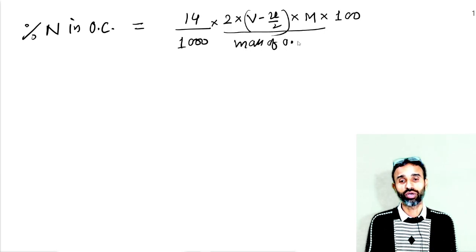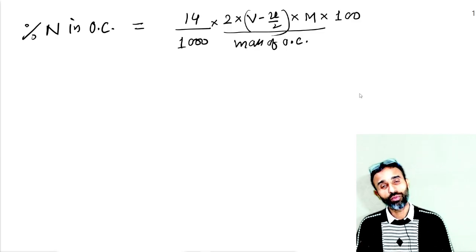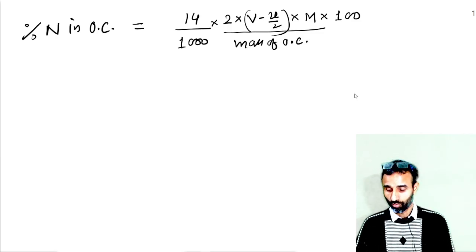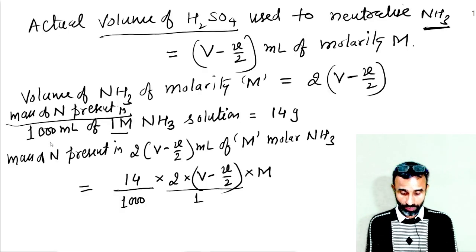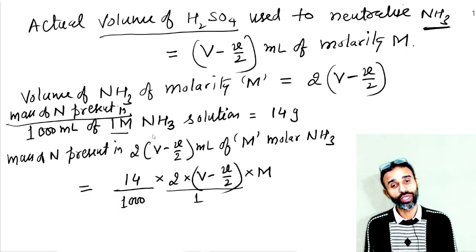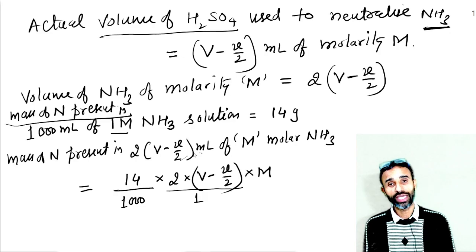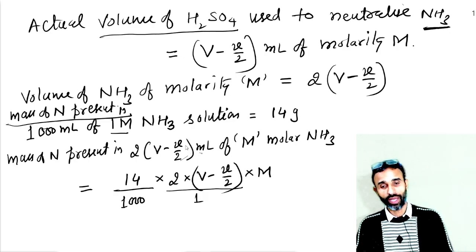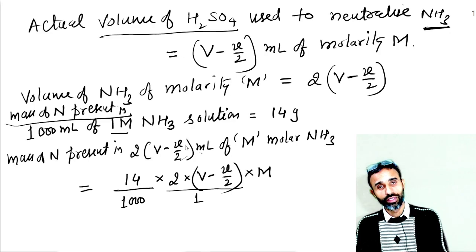mass of organic compound. Sir, why are we taking 1000? See, we have taken 1000 ml of 1 molar ammonia. So instead of 1000, we take 2 into V minus V by 2 ml, which is actual. So 1000 ml has 14 gram, so 1 ml has 14 upon 1000.